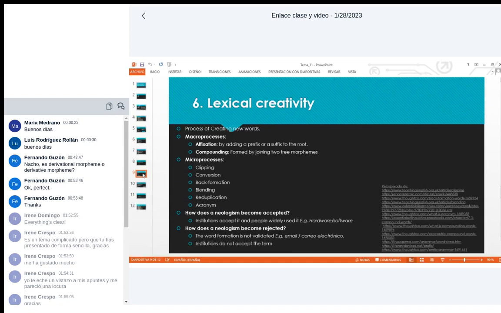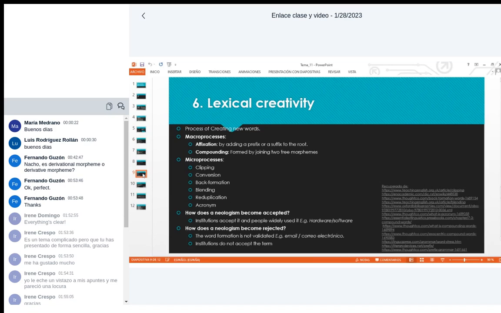In this case, clipping, which is cutting the word; conversion, which is using one word in two categories of word; back formation, which is also cutting one word and adding another prefix; blending, mixing two words; reduplication, which is the duplication of another word; and an acronym, which is using the initial letters of a set of words.